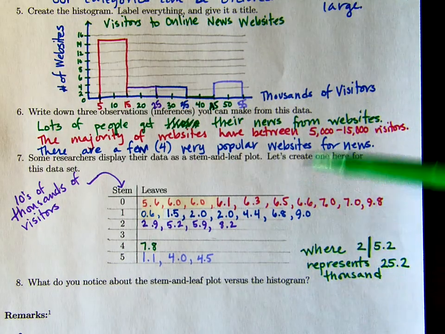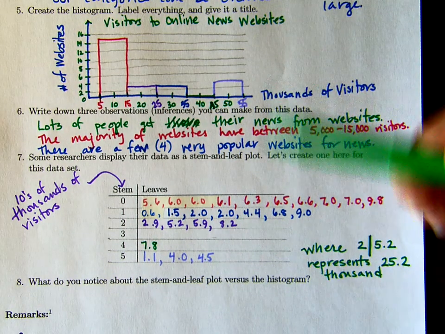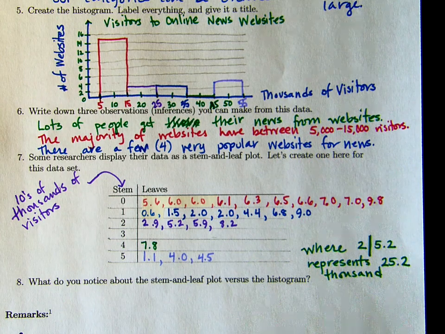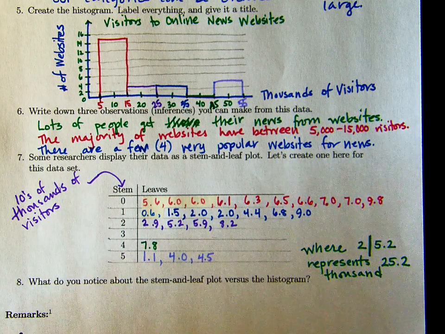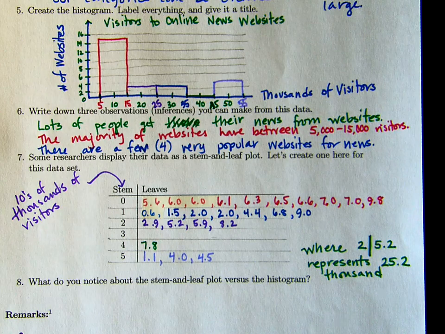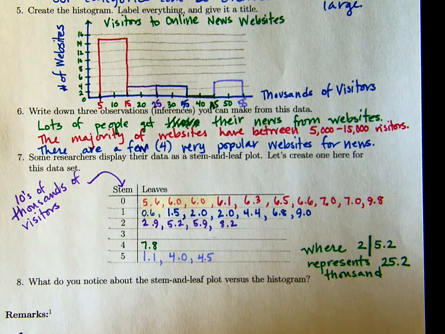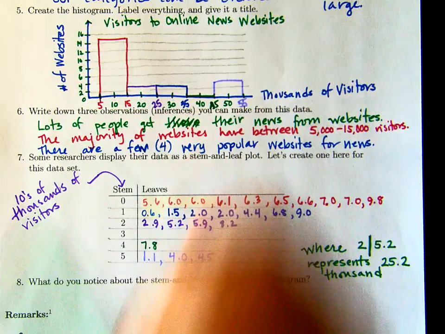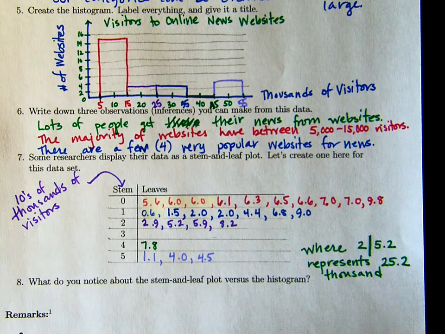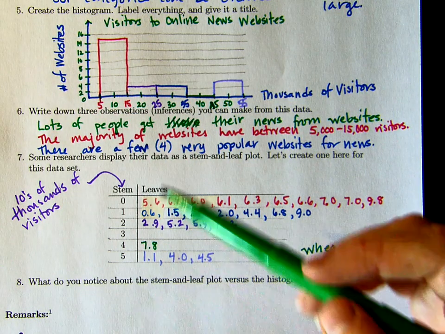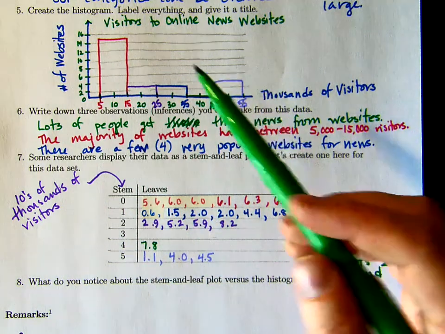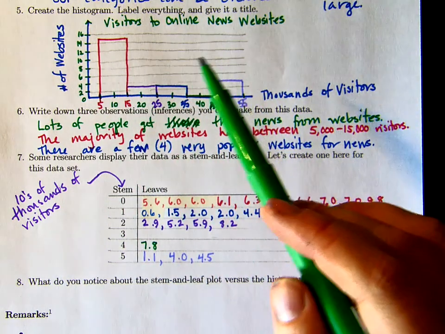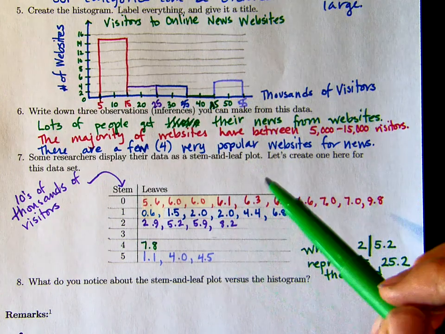So a similarity here is that they're both counting how many are in each range of numerical values. I also see that it's heavy on this lower end, and then that there's a few up here. So this was a reorganization of this histogram where we put them into classes.